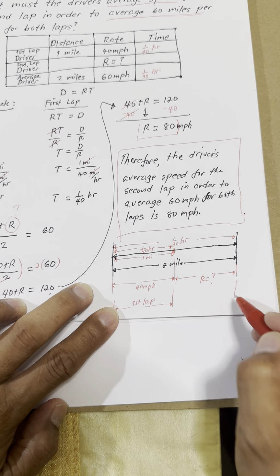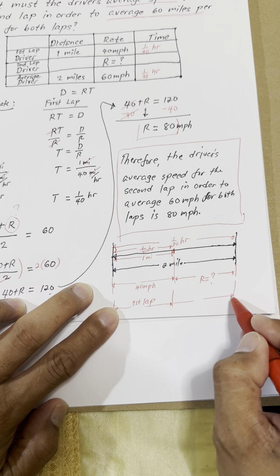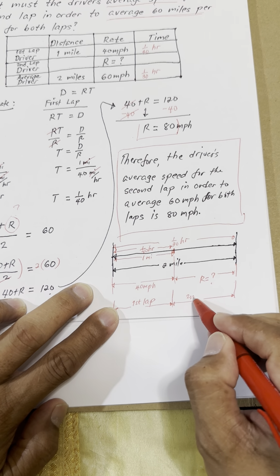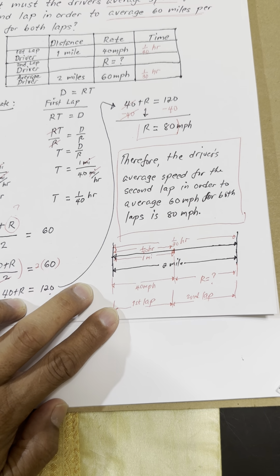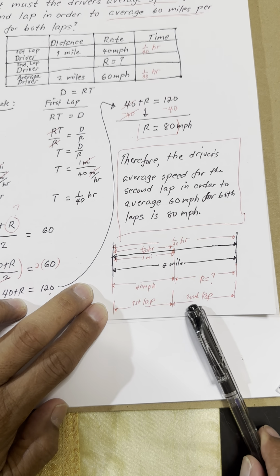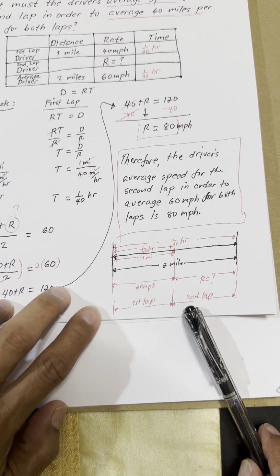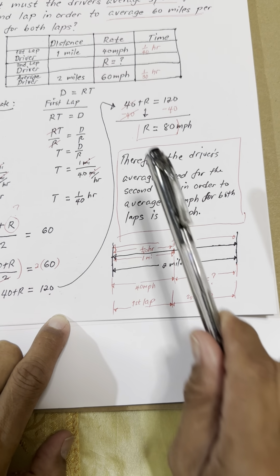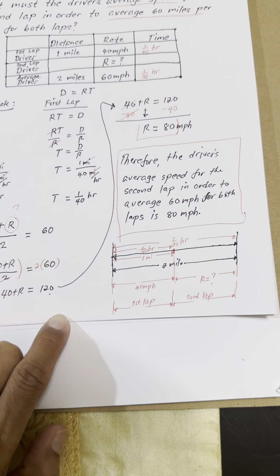And this is for the second lap. Okay, so you can make use of this illustration also to help you figure out what is required in the problem.